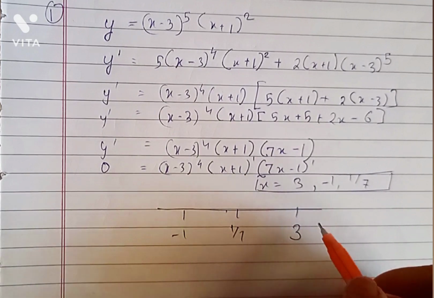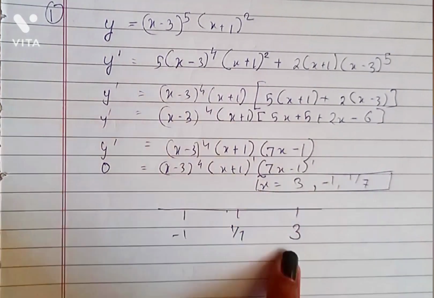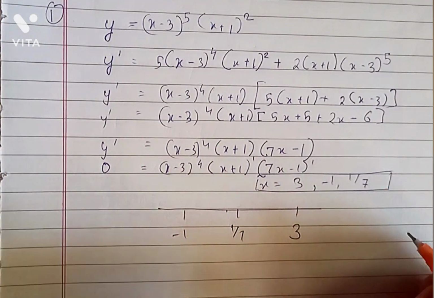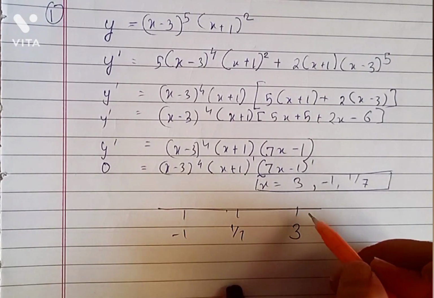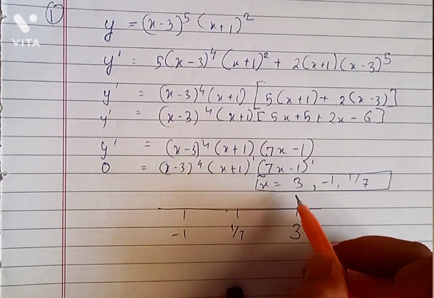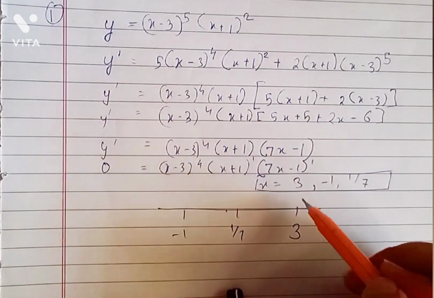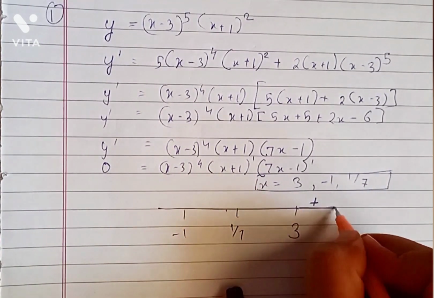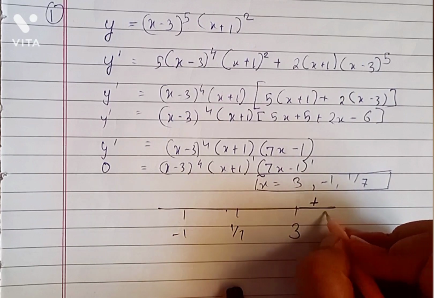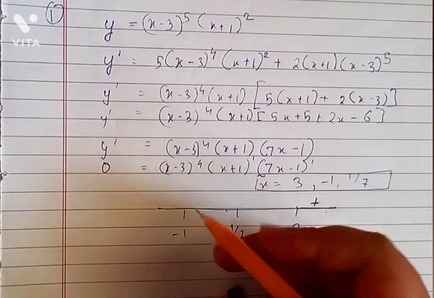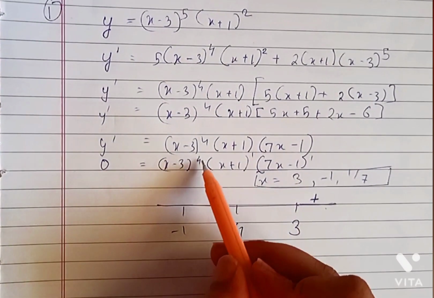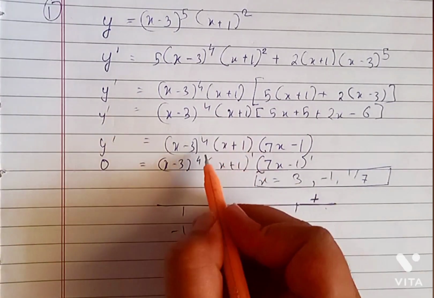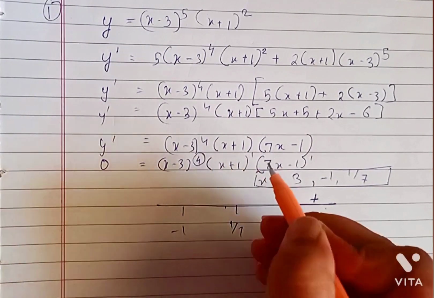So how to use this method I'll show you, just to recheck whether you have done your question correctly or not. What you'll do, first is 3, okay, over here. So here it would be positive every time, on the left side and right side. Now we'll see this. For 3, its power is 4.